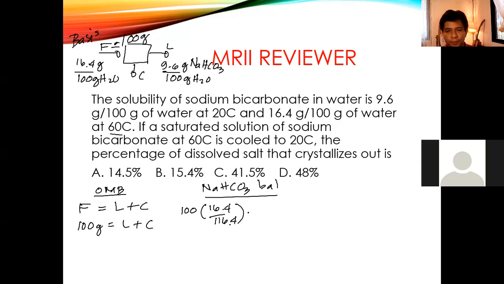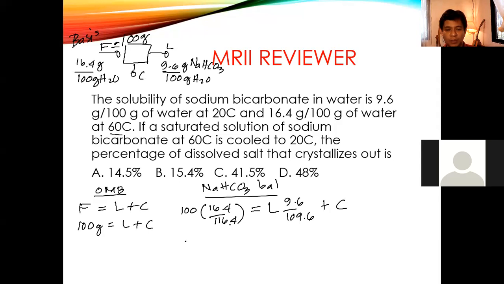Then L times 9.6 divided by 109.6, plus C. When there's no given, like here with just sodium bicarbonate, assume there is no water of hydration, so C alone, no gravimetric factor. What matters here is C.